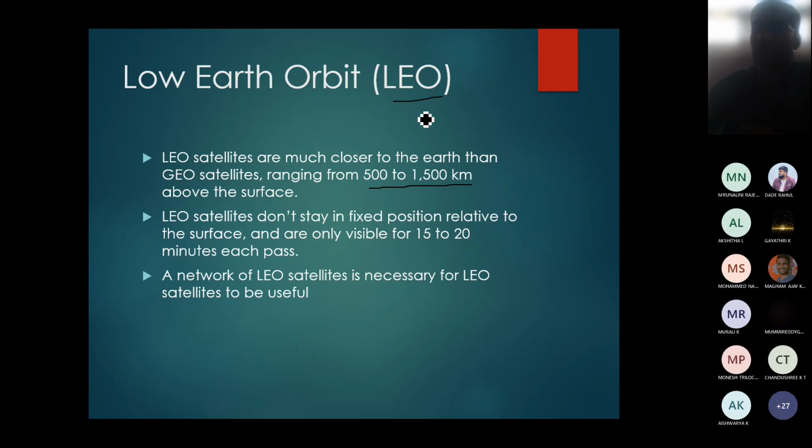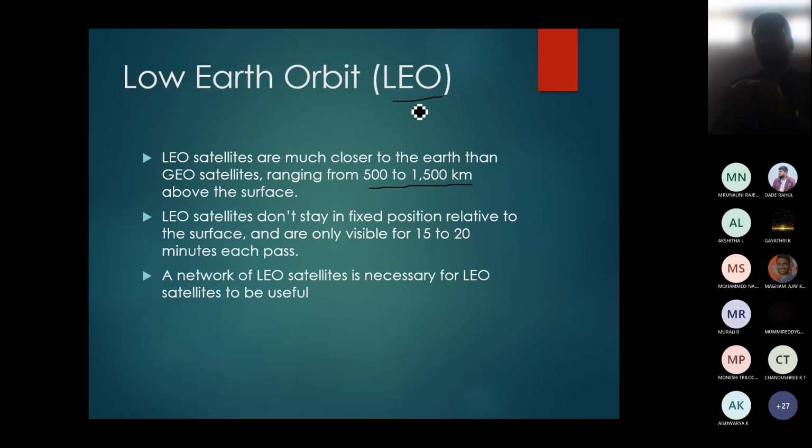Since they are traveling at a very high velocity, if you take any point on the surface of the Earth as a reference point, the satellite will skip out of that point very quickly. So suppose one point is the ground station on the surface of the Earth, and the ground station is communicating with a satellite in lower Earth orbit.